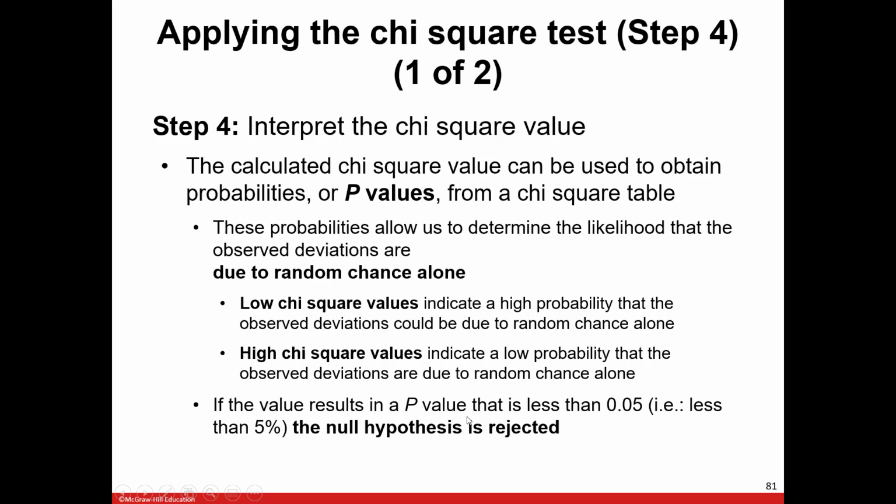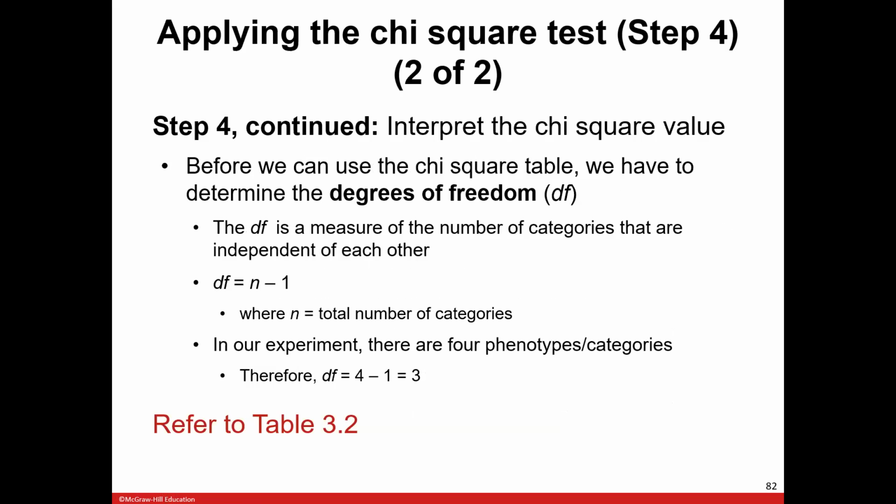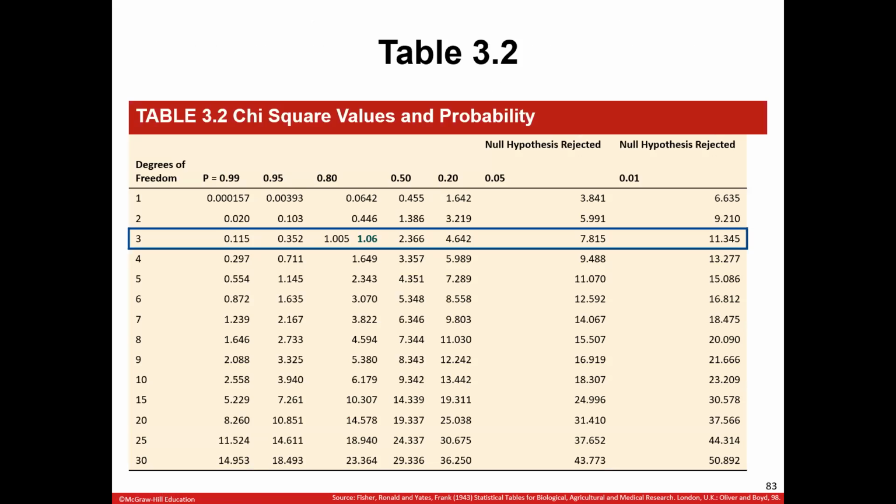Remember that the cutoff for statistical significance is when the p-value is less than 0.05, so less than 5% of the time. If it occurs more than 5% of the time, then we go, yeah, that's probably just random chance. That's not a statistically significant thing. So you can go back and review from there.